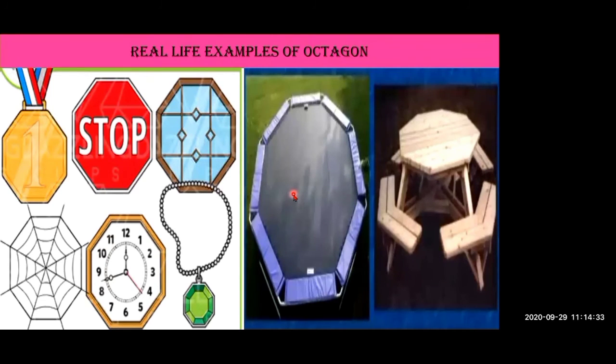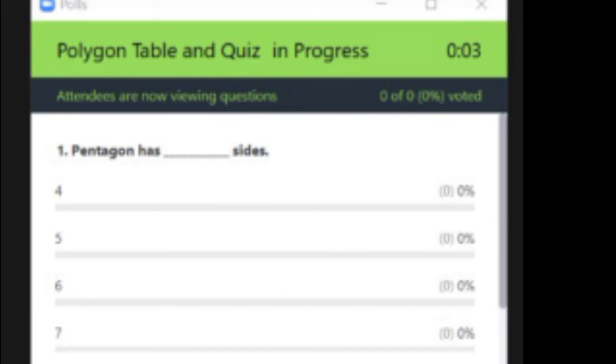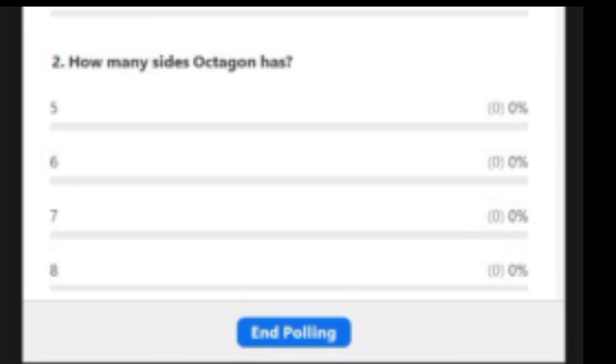So the first question is: a pentagon has dash sides. Option A is 4, option B is 5, option C is 6 and option D is 7. Select the correct option, and if you have selected the answer, then press the Next button.